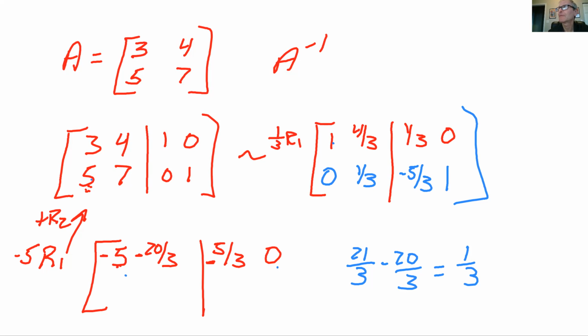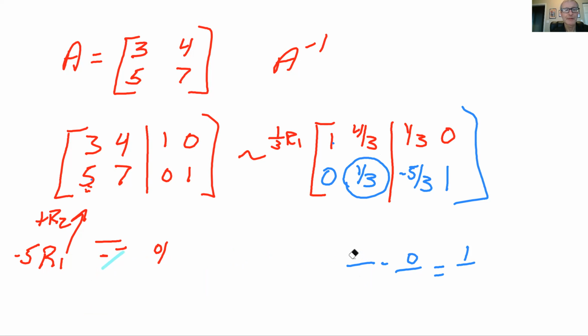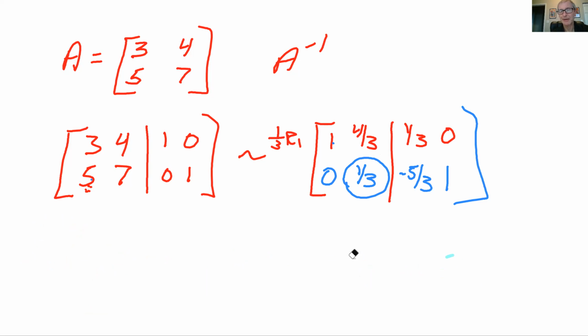Well, first thing we would want to do is say, we need to make this number the number 1, right? So if we want to do that, what do we multiply row 2 by? Let's multiply it by the number 3, and that turns that back into number 1.